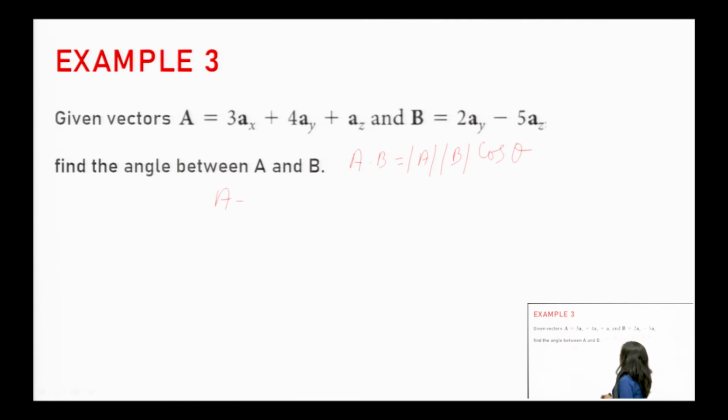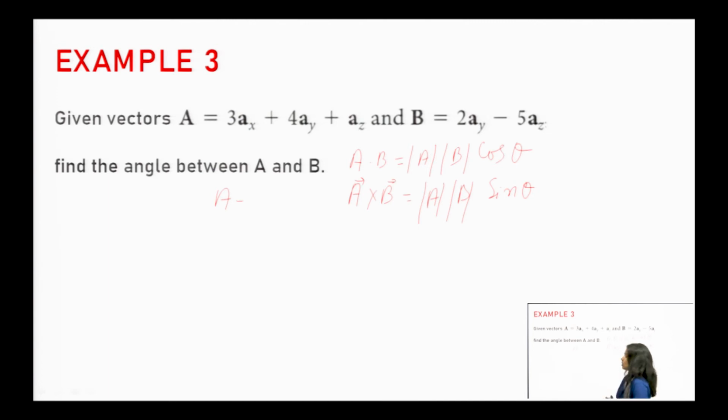So we can find the value of the angle theta either by applying dot product, or we can also go for cross product. We know that the cross product of two vectors is a b sin theta, where theta is the angle between a and b, where a and b are the magnitudes of vector a and vector b.